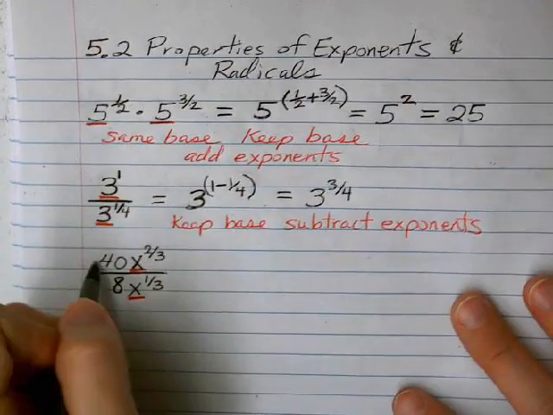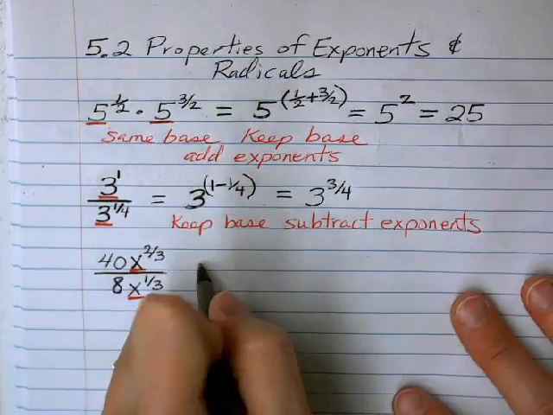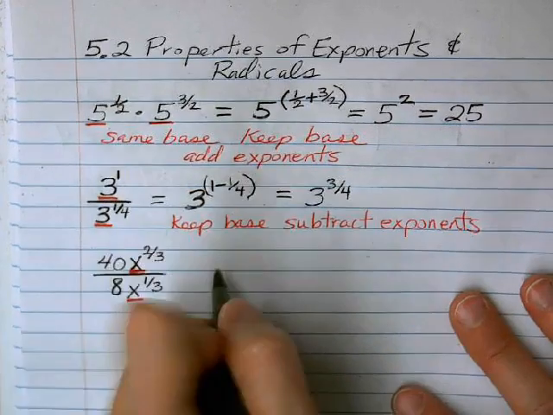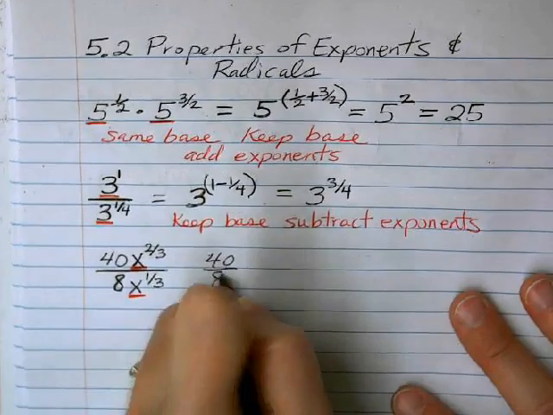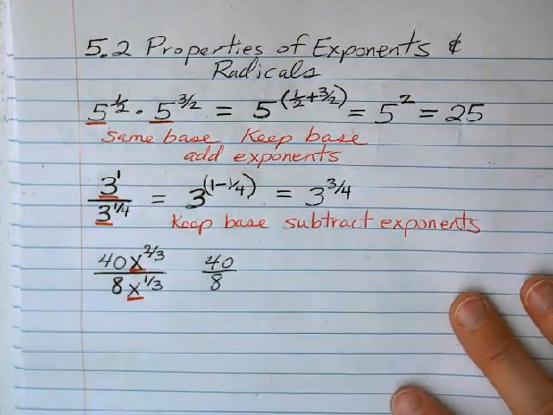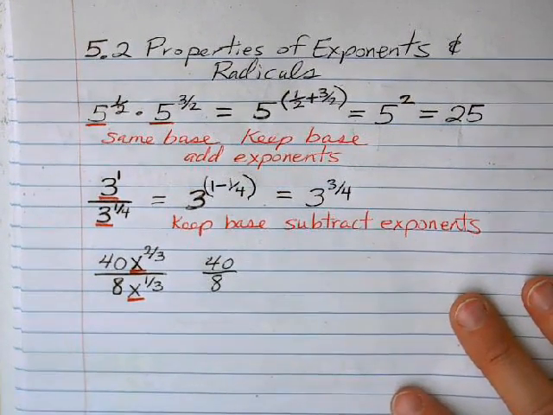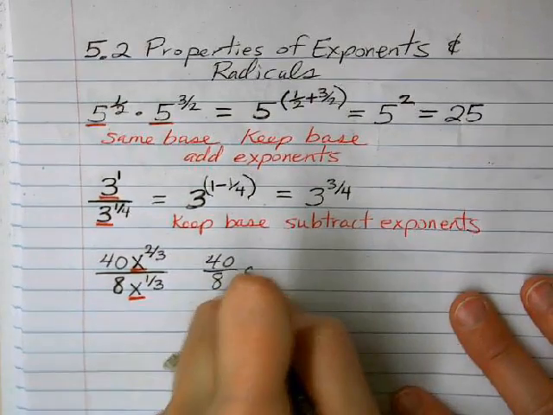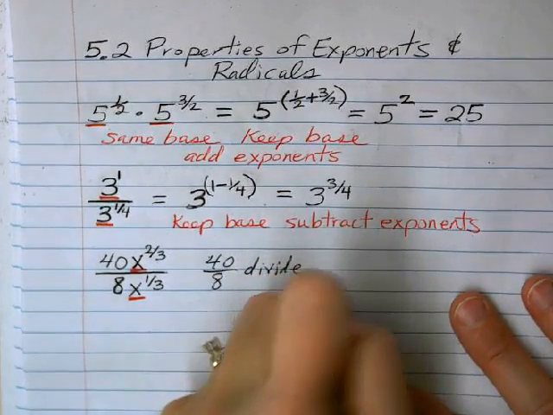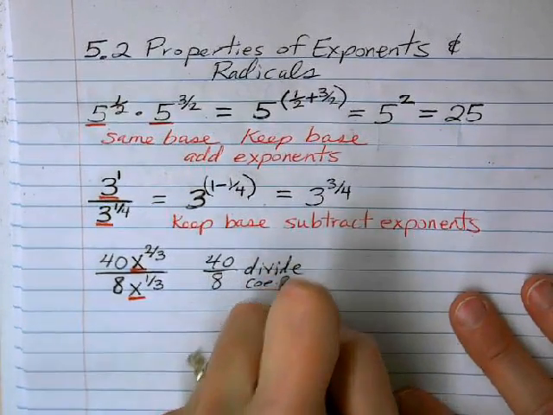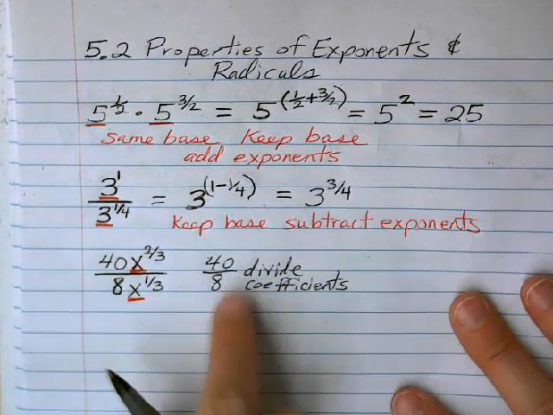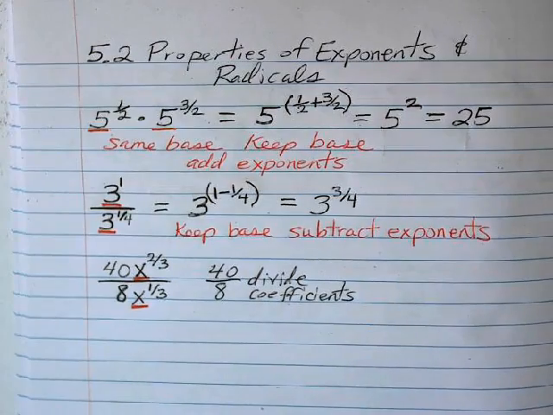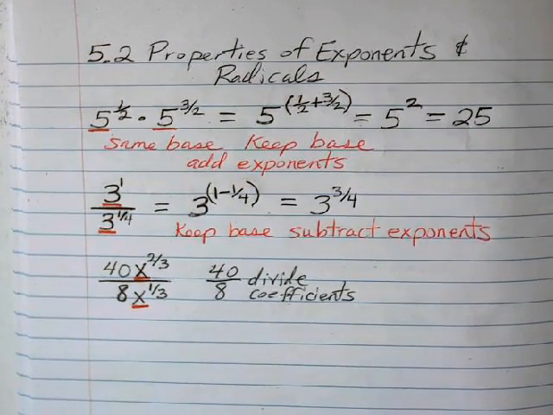So you have a 40 and an 8. Those numbers in front are called coefficients, 40 and 8. They're not raised to a power. You see that? They don't have any powers on them. So you can actually divide those. So what's 40 divided by 8?